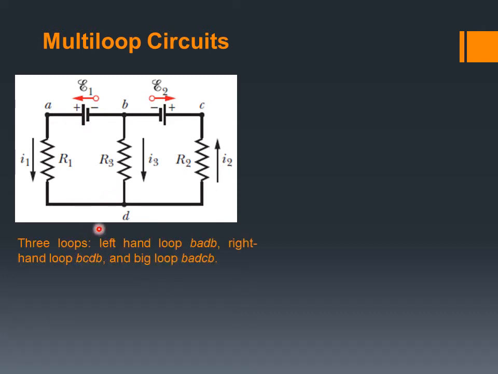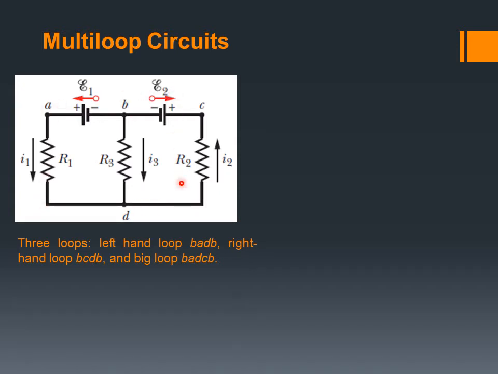There are three loops. One is the left-hand loop, which you can call BABB. This is one loop, the left one. And then there is a right loop, which is BCDB. This is another loop. And you can also consider a bigger loop, which is ABCDA.